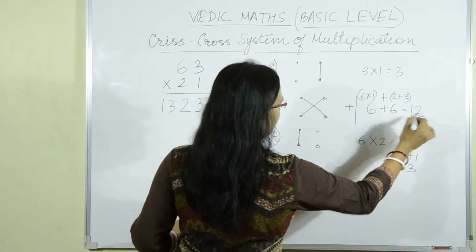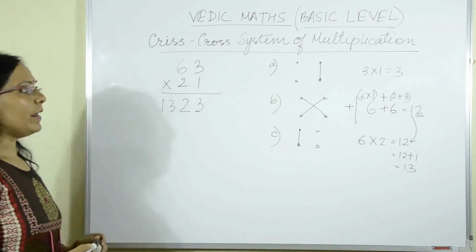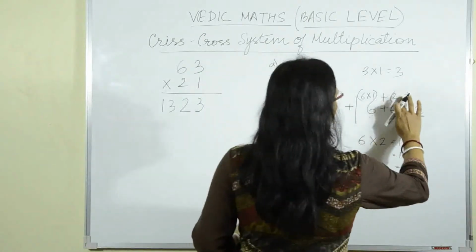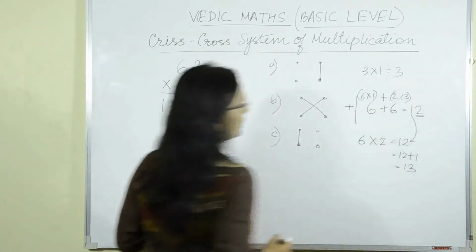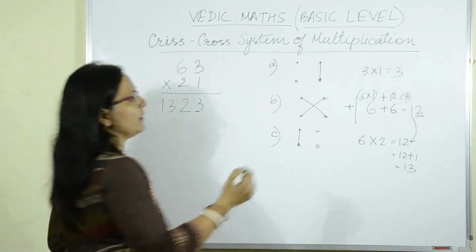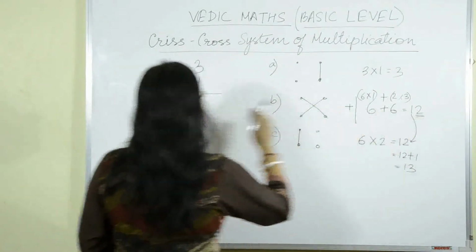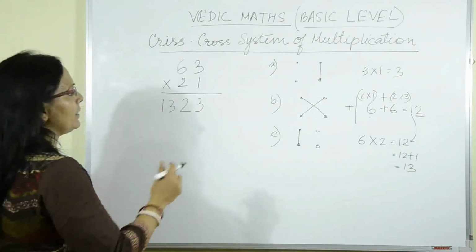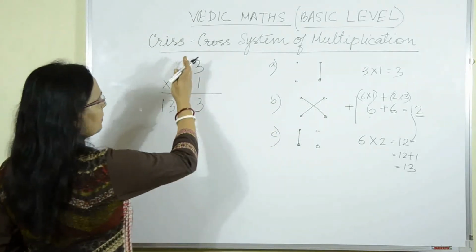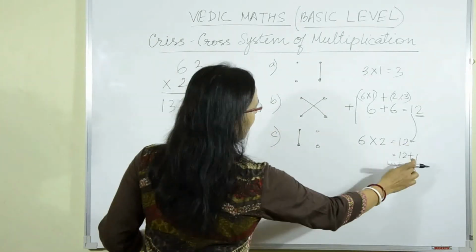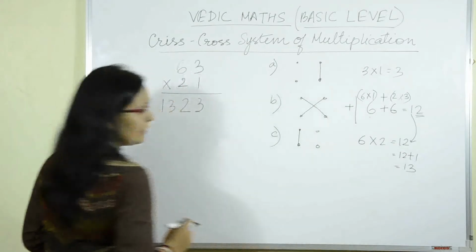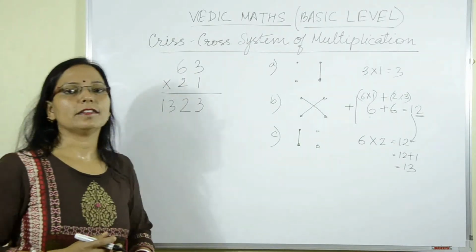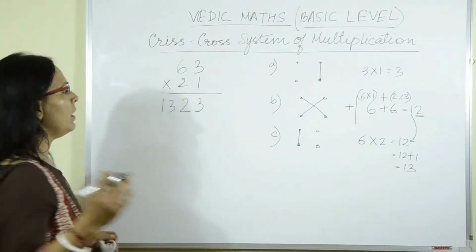Now 6 plus 6 is 12, where I have written only 2 in the right hand side and I have carried over the 1 to the next. Now in the last case, I have multiplied 6 into 2, that is 12, and with this carry, it is 13. Now this is the method, and this method is called criss-cross system of multiplication.